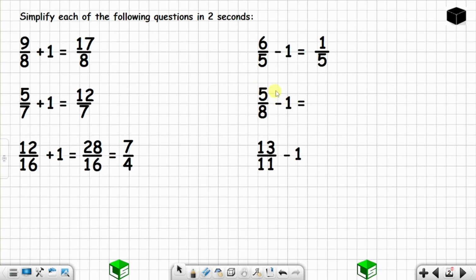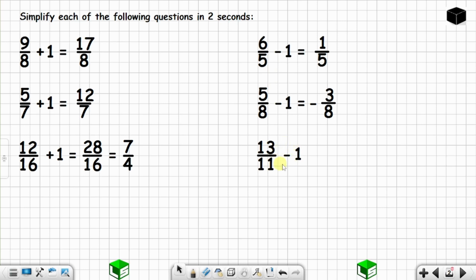You start from the top minus what you have at the bottom. 5 minus 8 is minus 3 over 8.